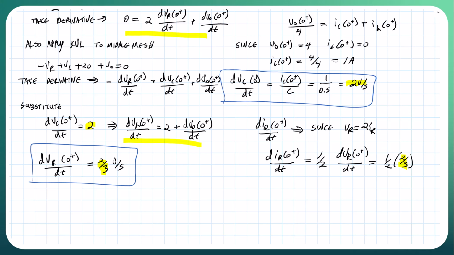Which gives us 1/3 amps per second. So that's another potential value to save.